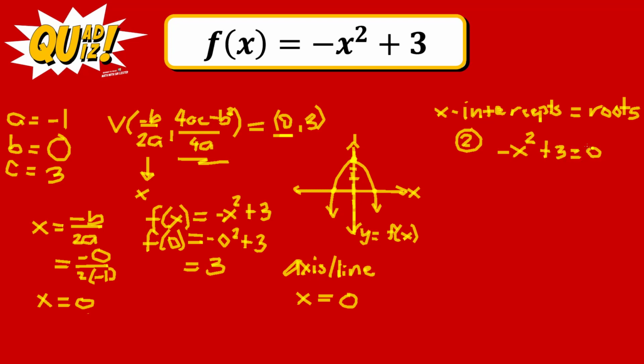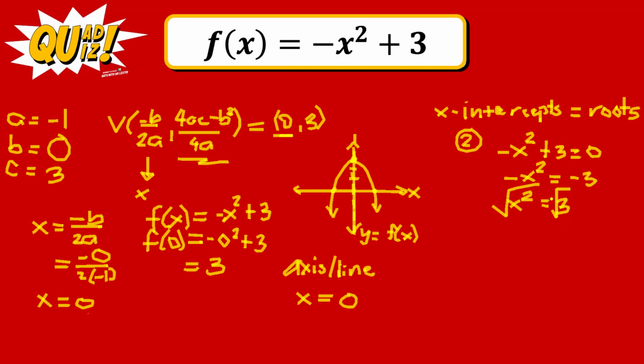Of course, we have the quadratic formula, but we can just simply use extracting square roots. So let's move the constant to the other side. The positive 3 will become minus 3. Multiply both sides by negative 1. You will have x squared equal to positive 3, right? Here, we are going to take the square root of both sides.